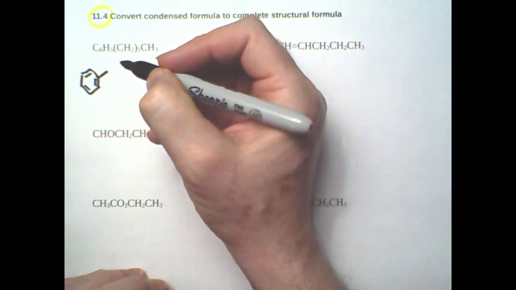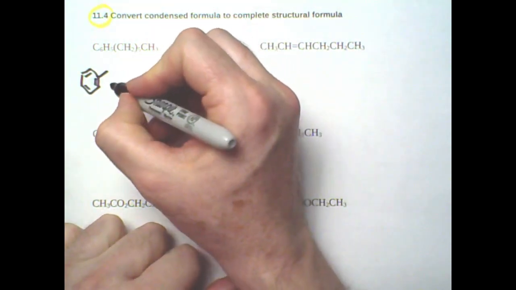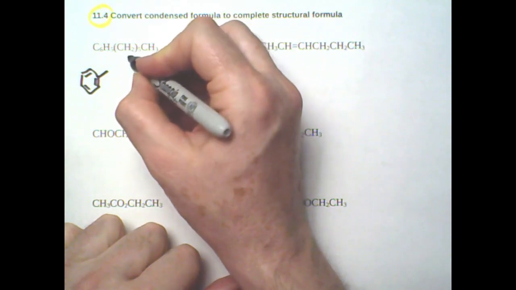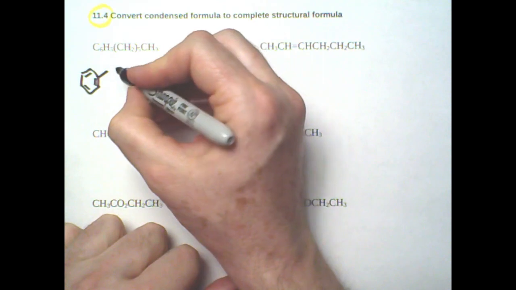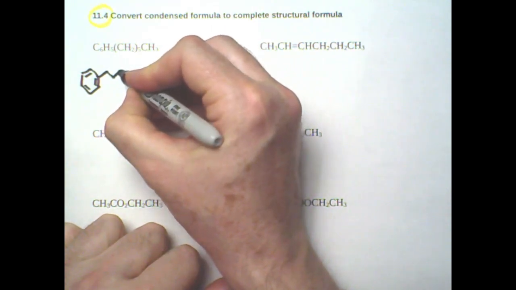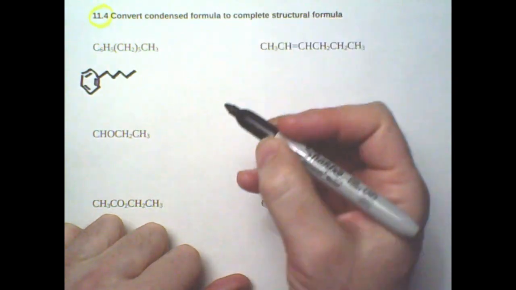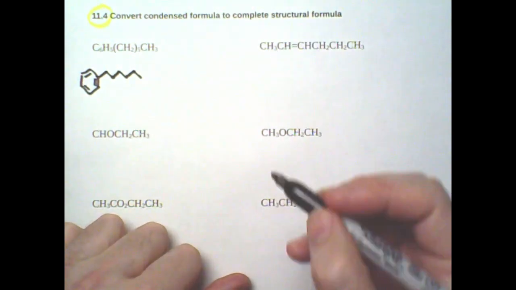Now we know that a carbon, if it has 2 hydrogens, can only have 2 other bonds. So these must be in a line. CH2 in parentheses with a number after means all those go in a line. So I've got 1 there, 2, 3, 4, 5, and then a CH3 which comes on the end.